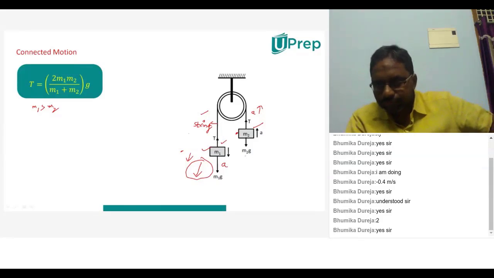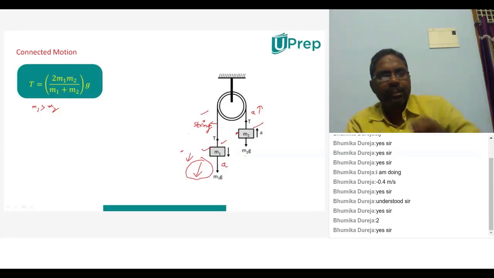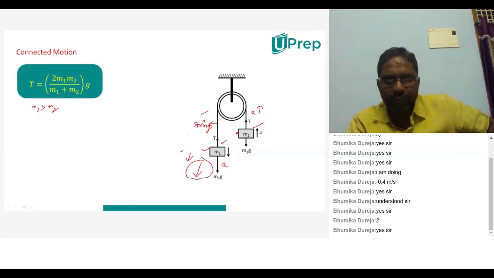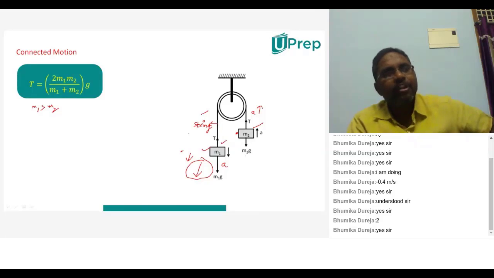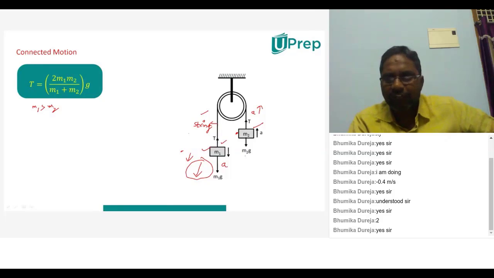Very good. When Earth is attracting any object towards it, that pulling of the Earth is called the weight of the body. So weight will always act on the objects or not? Yes, sir. Will that be downward or upward? Downward. Very good. Downward, weight will always act.